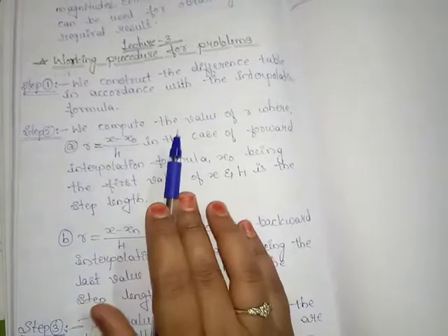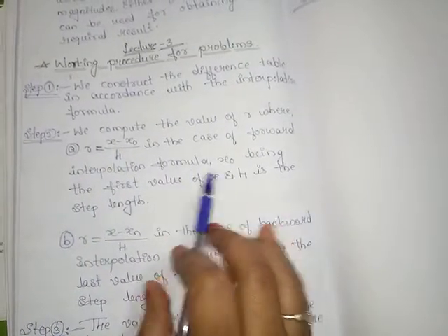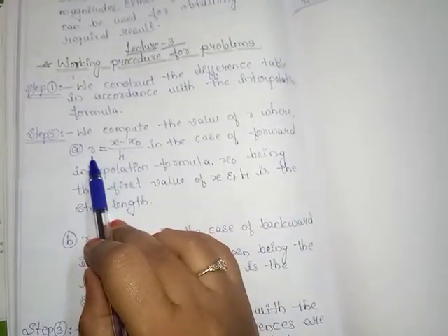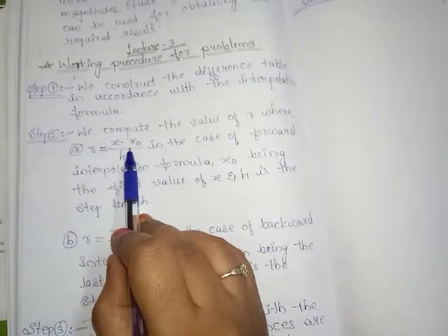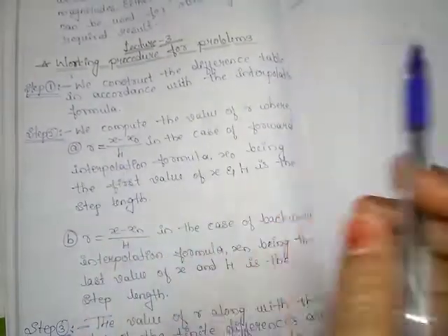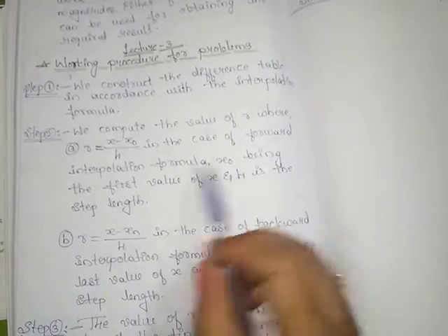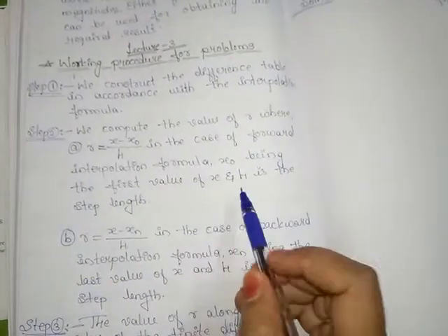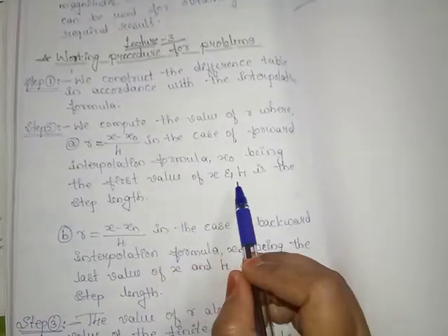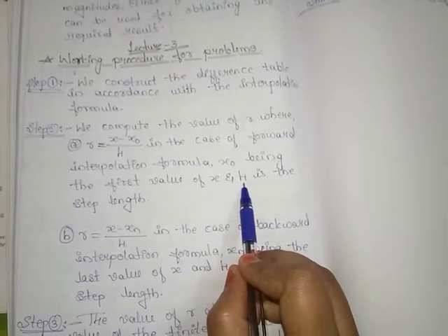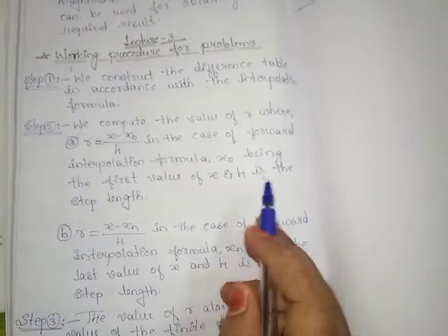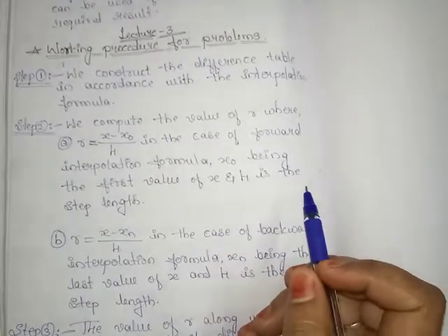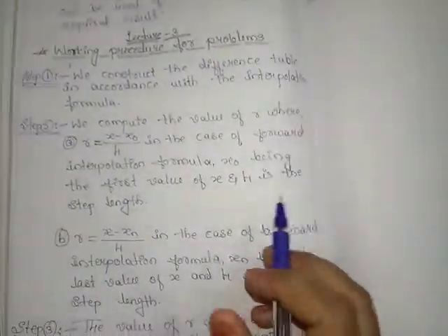If you are applying the forward interpolation formula, r is equal to x minus x naught divided by h, where x naught is the first value and h is the step length. We know that h is a fixed difference, and here we are applying the interpolation formula for equidistant arguments.